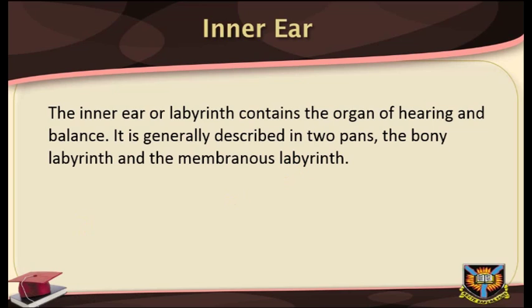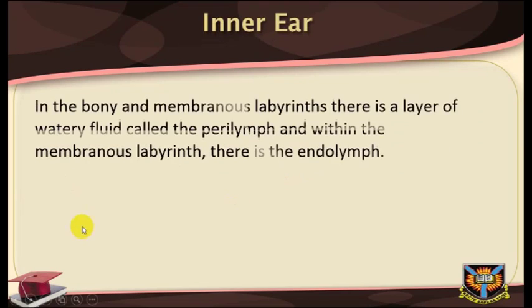The bony labyrinth is larger than and encloses the membranous labyrinth of the same shape, which fits into it like a tube within a tube. In the bony and membranous labyrinths, there is a layer of watery fluid called the perilymph, and within the membranous labyrinth, there is the endolymph.